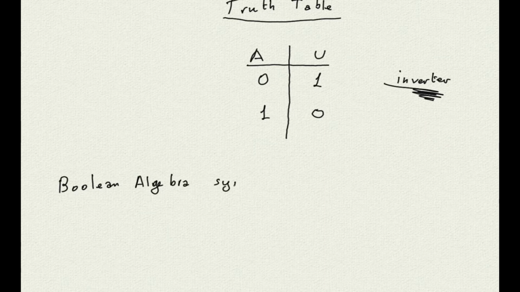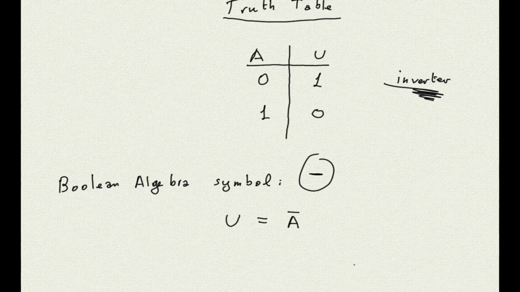For the NOT, or inverter, the symbol is simply a dash on top of the name of the input or output. And so, using the Boolean algebra notation, we can write that U equals the inverse of A, or U equals not A. This notation doesn't seem to be important right now, but you'll see later how important it becomes when we need to design logic circuits.